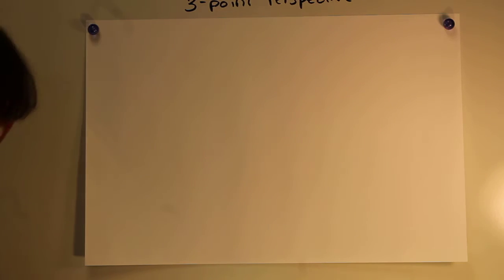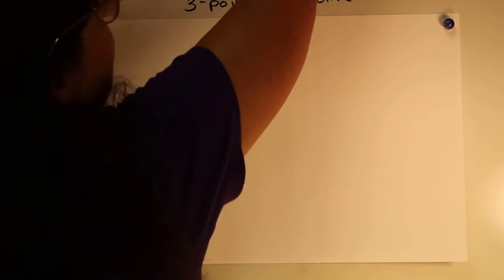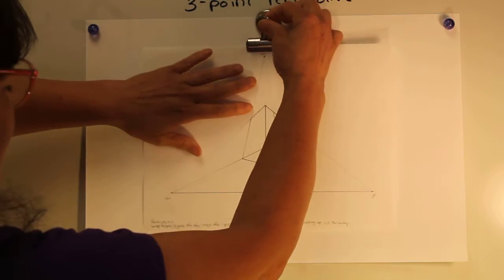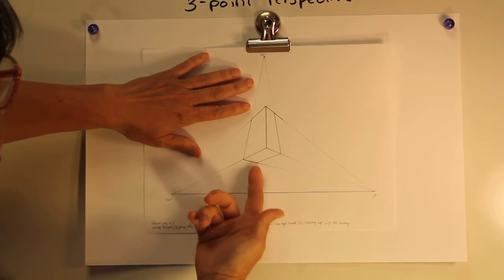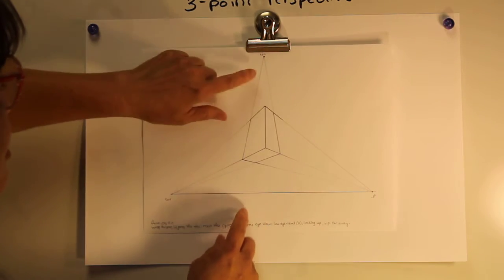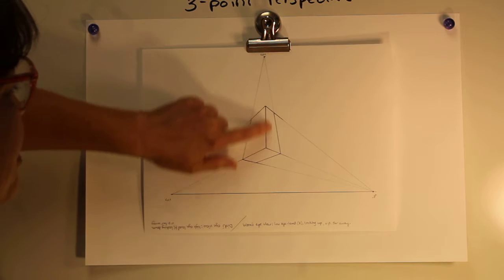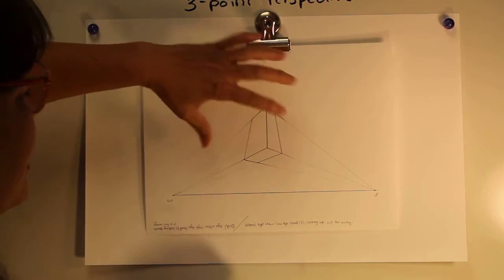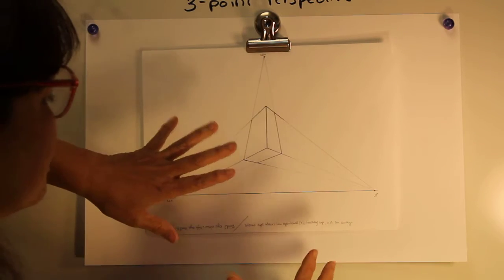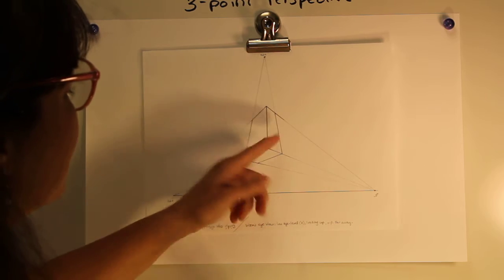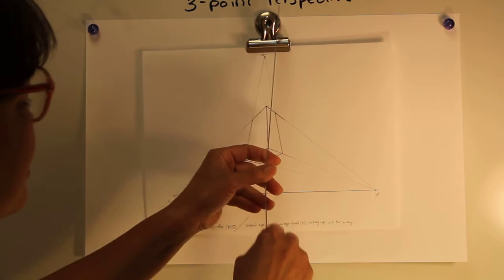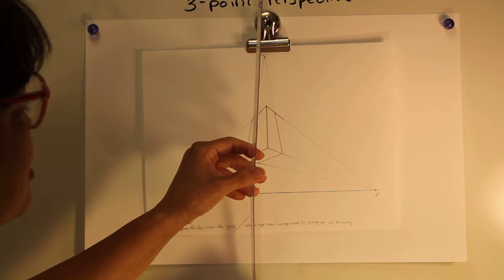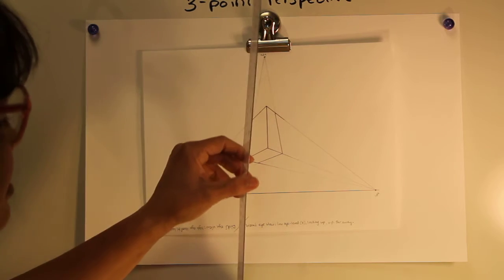And to show you a couple images, here's the first one we did the other day. Again, worm's eye view looking up. Notice that the third vanishing point is far, far away, and there aren't any real true verticals. Even though it looks like there's a vertical, it just visually looks like that. It's either leaning in or leaning towards you.